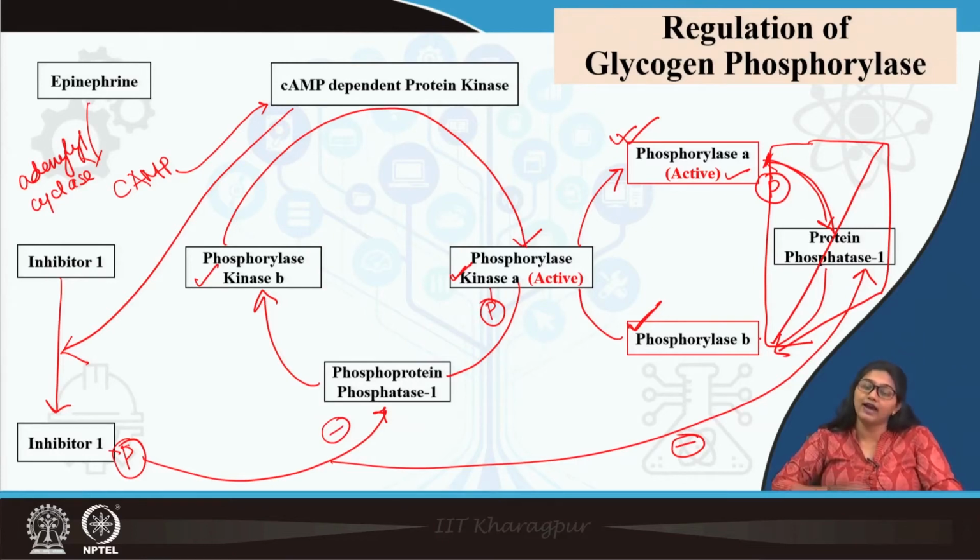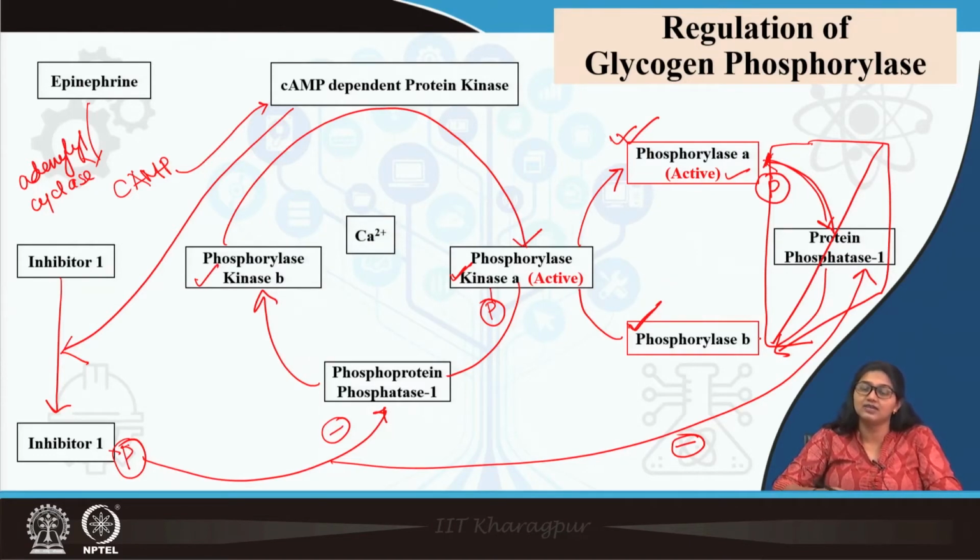Along with this covalent modification, there is a role of some allosteric activators and inhibitors also. In skeletal muscle, there are two important allosteric molecules. One is calcium.